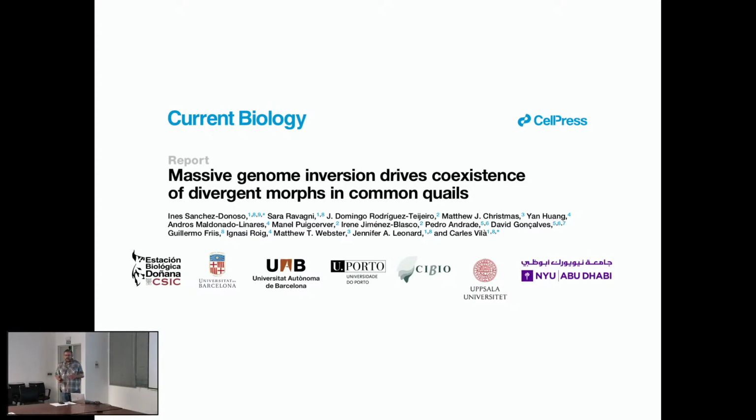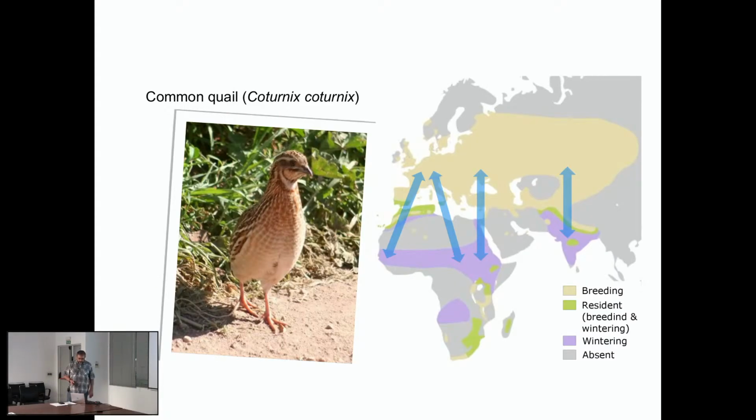how did all this start? This project is about common quails. The quail, as you know, is a small migratory bird, and we have populations across Europe and Asia that migrate south, going to Africa and India, and there are some resident populations as well, here marked in green in the map.